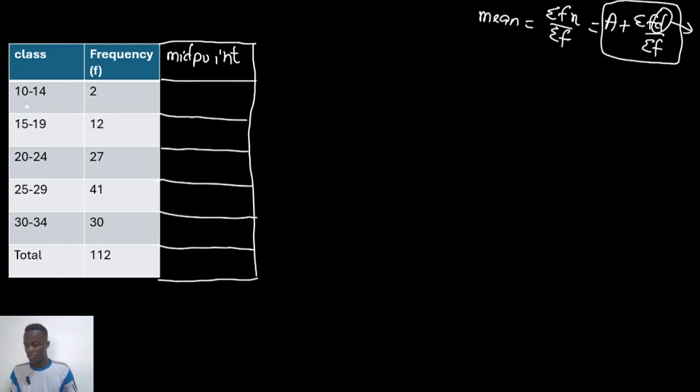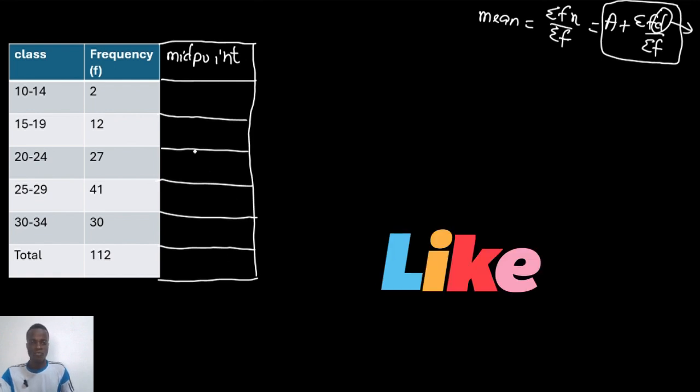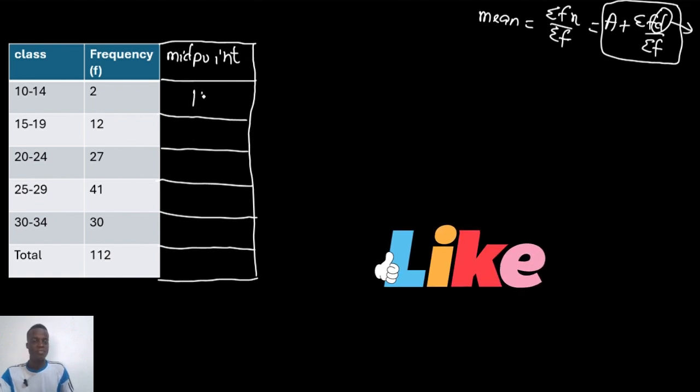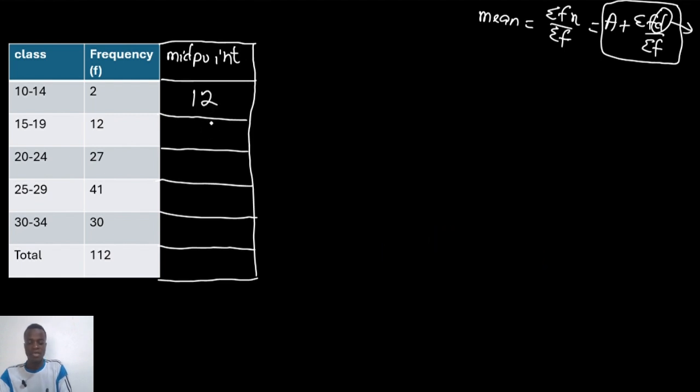So for 10 to 14, the middle of the class, you do 10 plus 14, then divide that by 2, then we have 12. That's how you find the middle value. We have 15 plus 19, divided by 2, then we have 17.